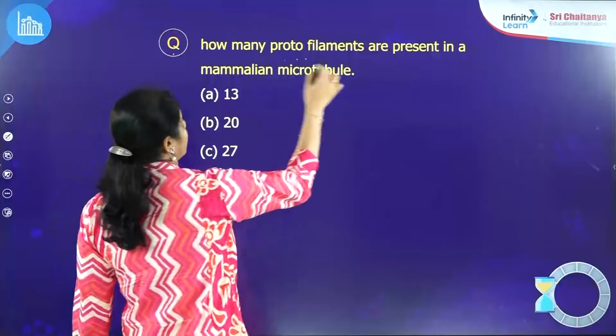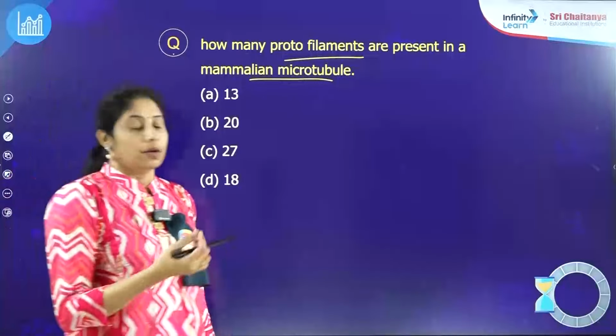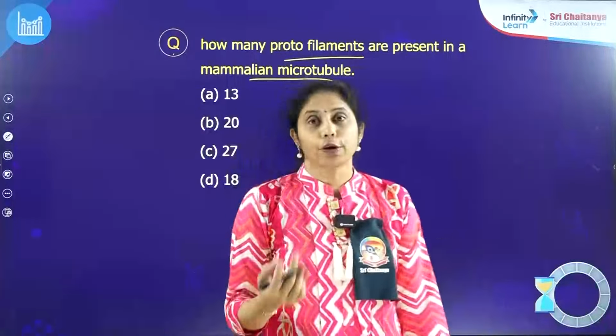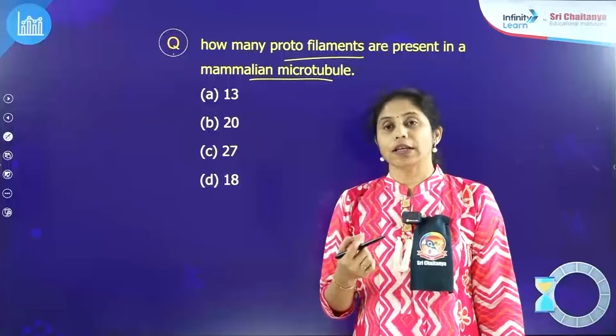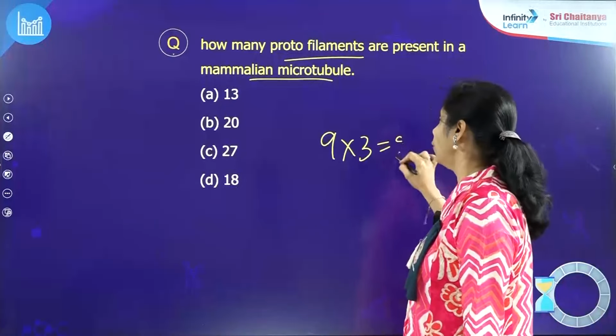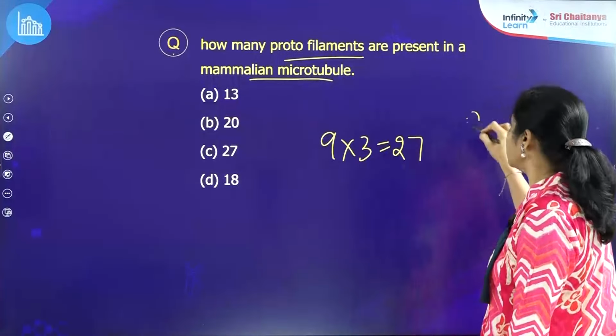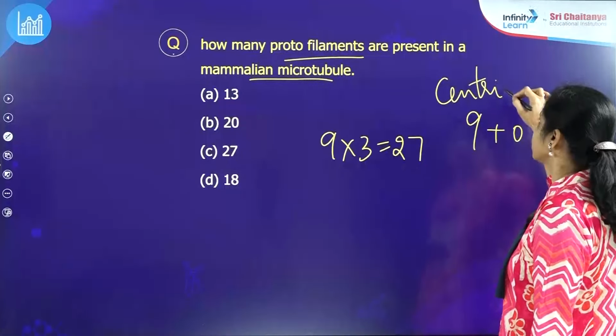How many protofilaments are present in a mammalian microtubule? You know that in the centrosome 2 centrioles are present and each centriole is made up of 9 triplets of microtubules, with the 9+0 arrangement in centrioles.